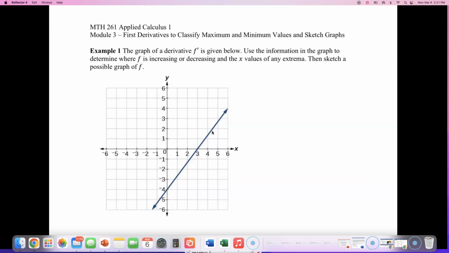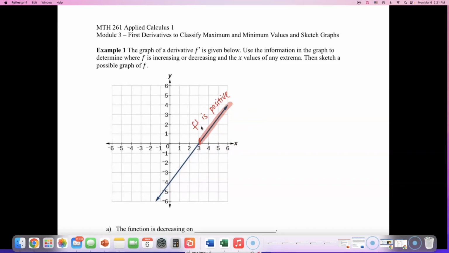Look at what I do with my highlighter over here. I'm going to highlight the section that is above the x-axis in red. Above the x-axis means positive, right? So f prime is positive to the right of what number? 3. So from 3 and on, 3, 4, 5, 6, all the way to forever to the right, the derivative function is positive.